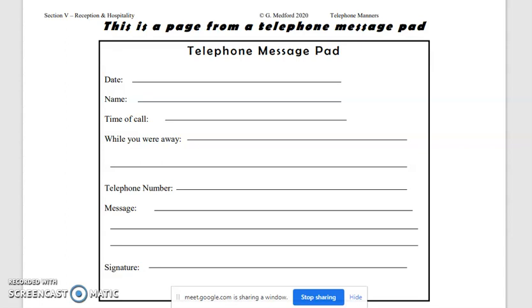Date, name, time of call, while you were away, what transpired, X called to say it is urgent, etc. Telephone number of the caller, message, and your signature. All right. So this is an example of a telephone message pad that is used by the receptionist to receive a telephone message and then deliver it to the person for whom the message was intended.